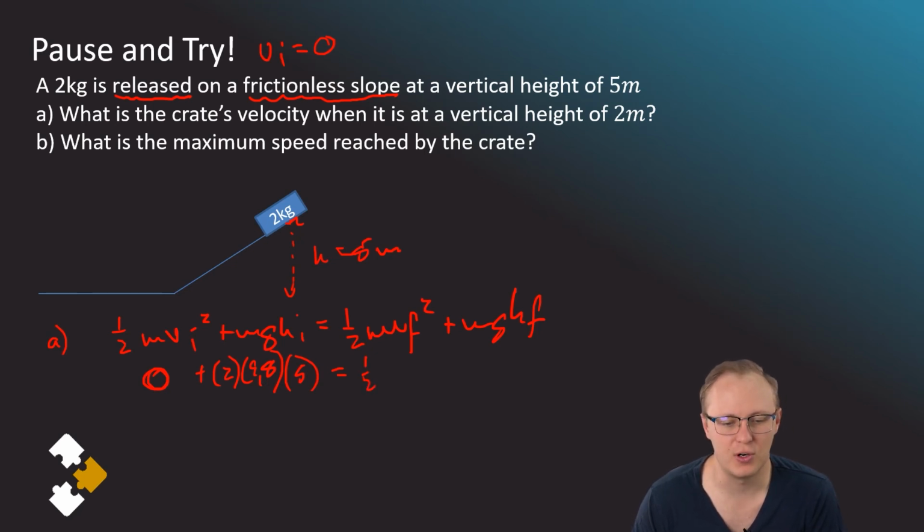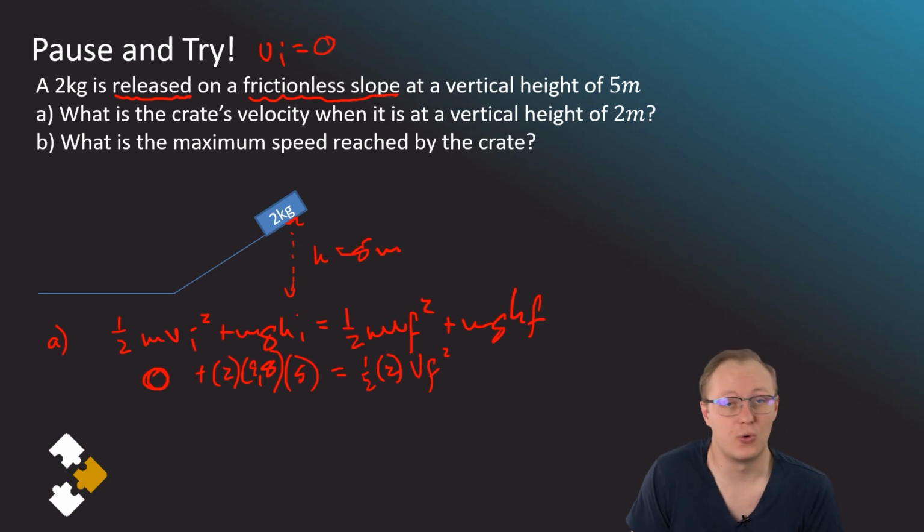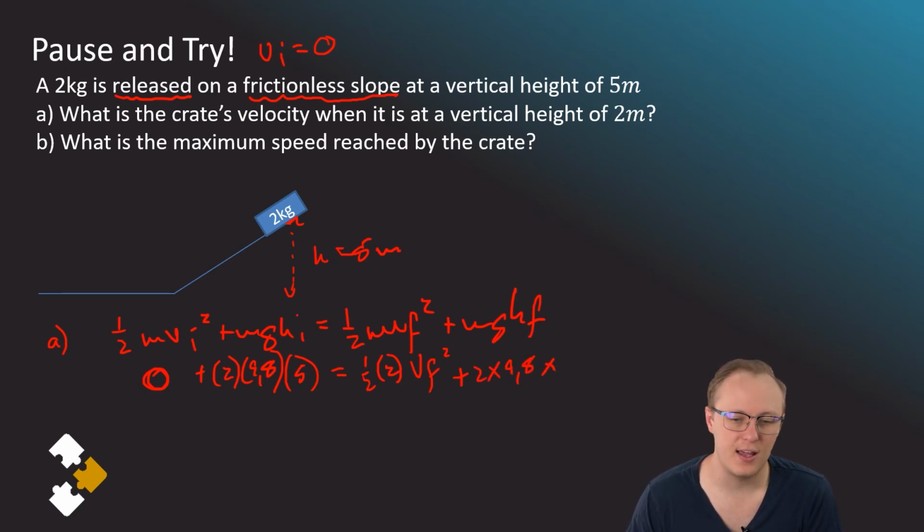So now it's going to be the half times the 2. Our thing that we're trying to find is this Vf squared, because, well, actually the Vf, because we want to know how fast was it going at that height of 2 meters, plus the 2 times the 9.8, and then the Hf is going to be the 2 that we've got there.